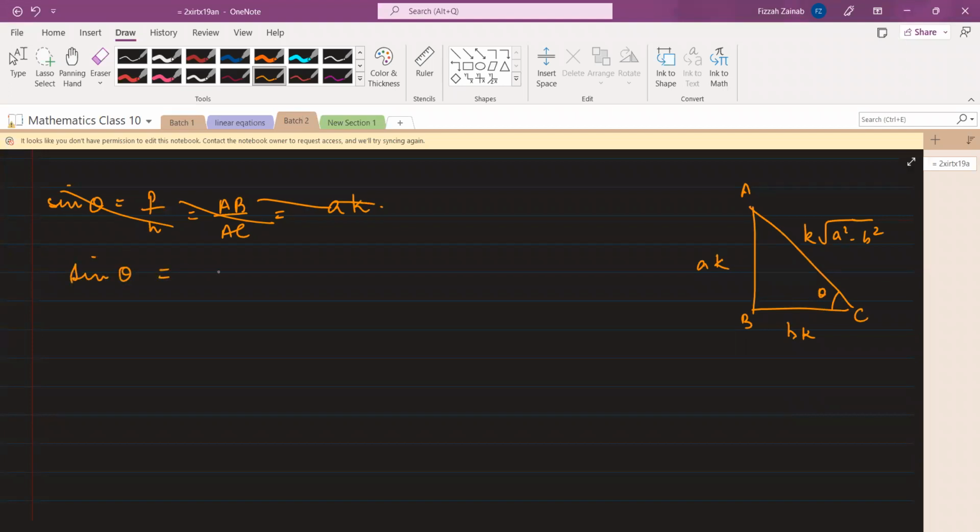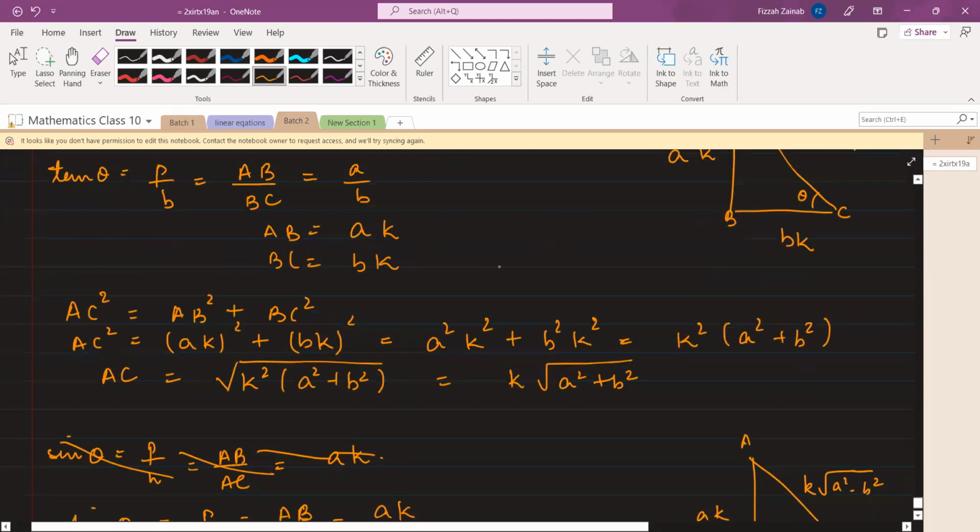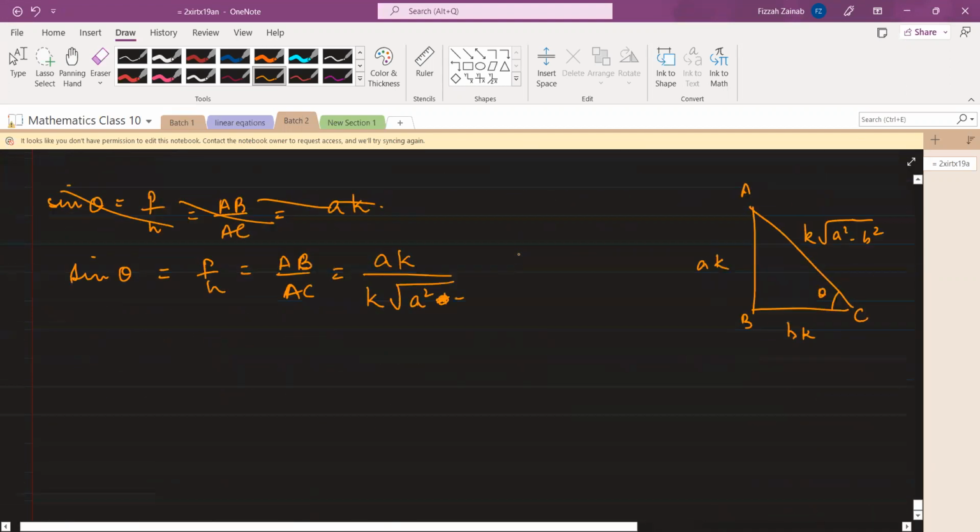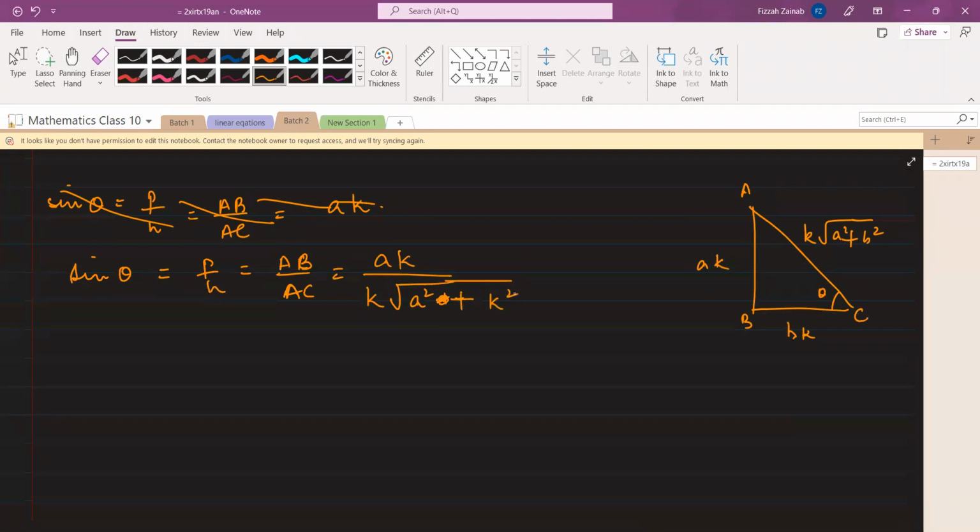So sine theta is equal to P by H, which is AB by AC. AB is A into K and AC is K into square root of A square plus B square. Was it minus or plus? Which I found. That was plus, yeah? So K cancels out.